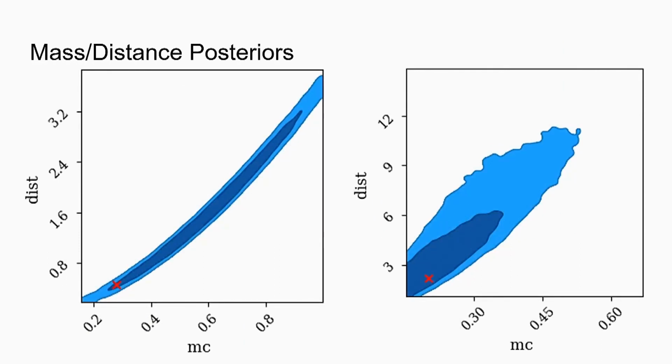This is what our mass and distance posteriors end up looking like. So for a fairly bright source in that same 4 millihertz band that I was showing on the last slide, you get the sort of very clean posterior; it shrink-wraps around the degeneracy line for the amplitude of that source because amplitude's well defined. And for a mid-brightness, mid-SNR source, you get these more blobby things.